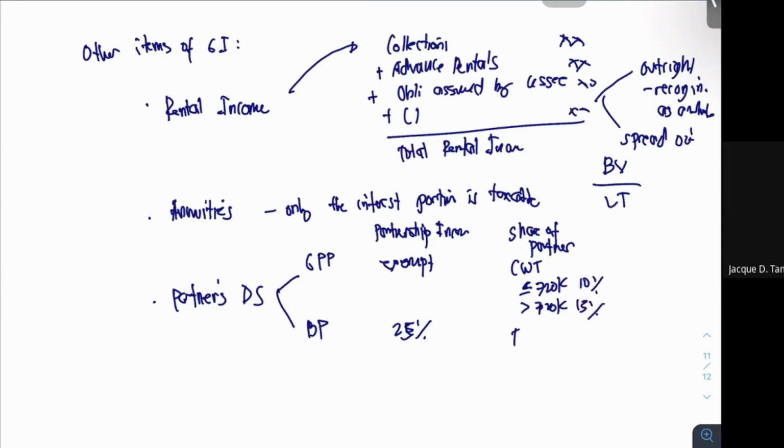While in your business partnership, it is subject to final tax of 10%. Now, as to whether included in gross income, in GPP, you will include it in gross income. The share in your business partnership is not included in your gross income. Okay? So that's it for your other items of gross income.